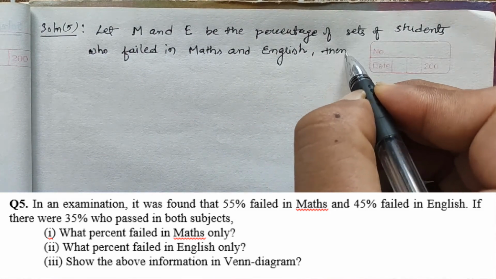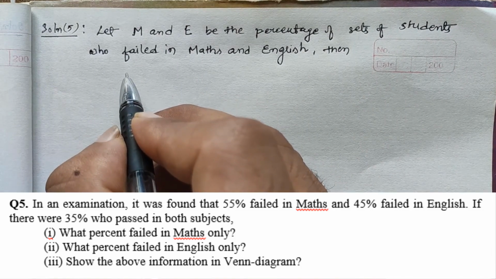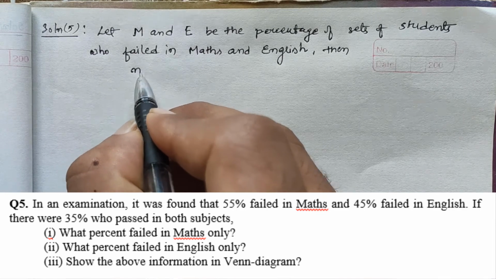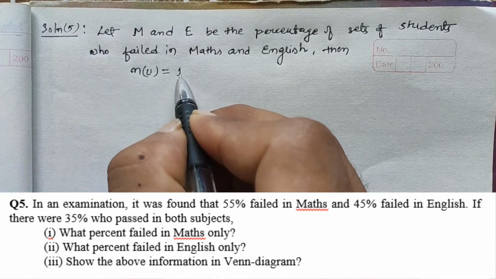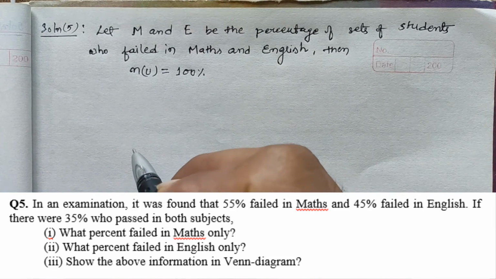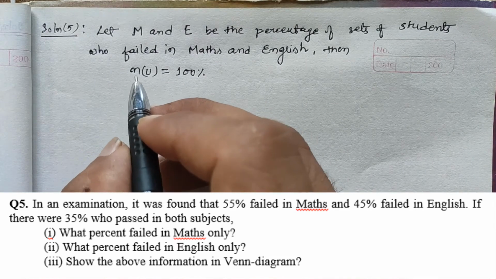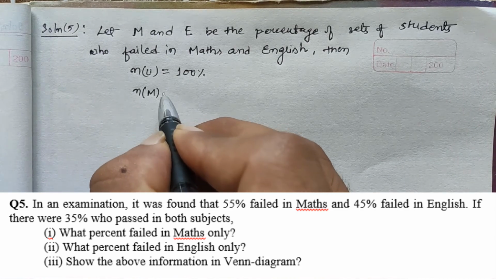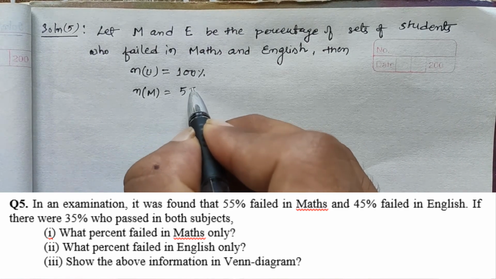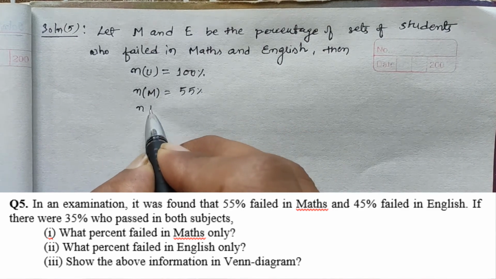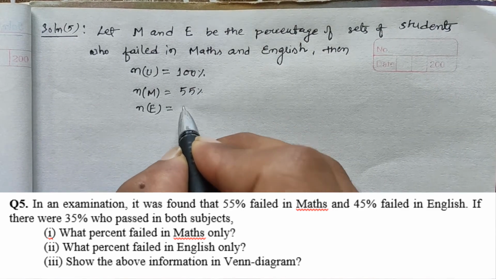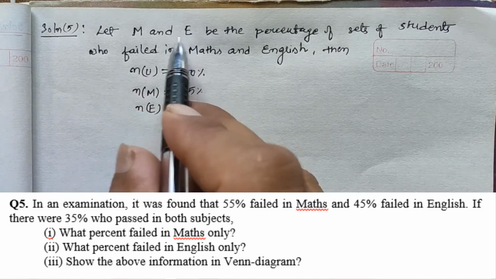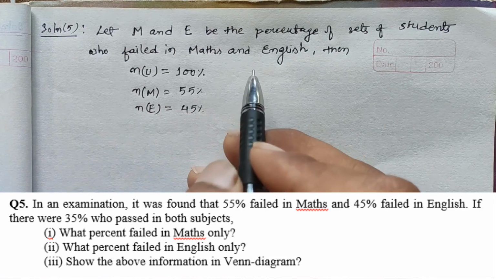Then, in the case of percentage, don't forget n(U) is always 100%, isn't it? And what is the given part? Failed in maths, n(M), is how much? 55%. And failed in English is how much? 45%. So as the question says, we have represented M and E as failed in maths and English respectively.